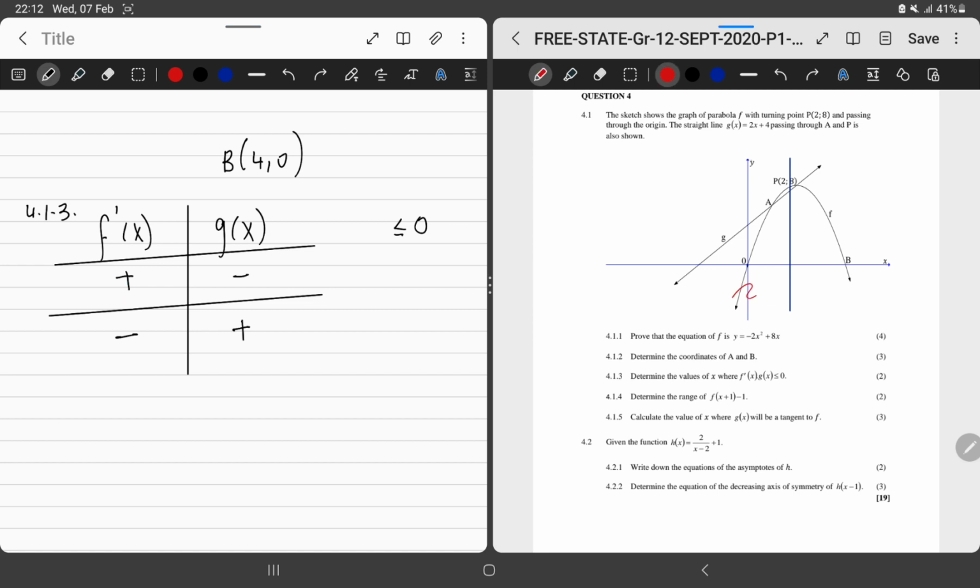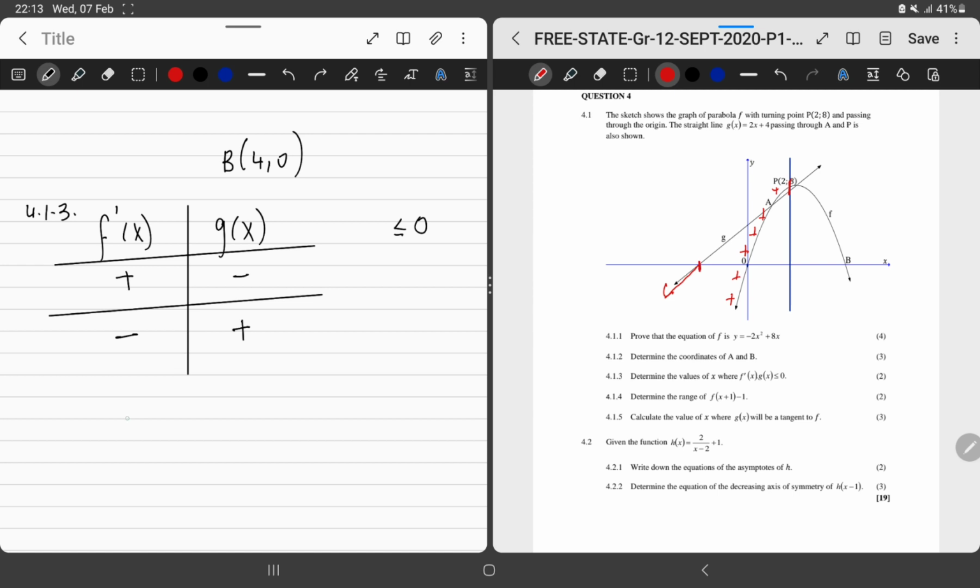Now, the gradient of f is positive on this side, all the way to that turning point. Okay, and where is g negative when the gradient is positive? Well, g is negative from that point going downwards. So I need to find the value of x there.